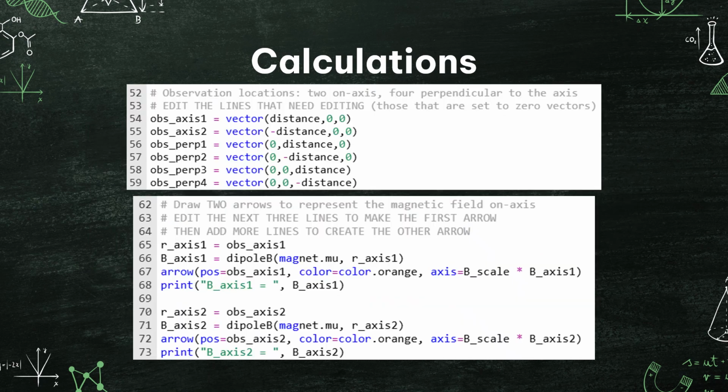So at the top, I'm creating the various different observation locations that we measured the magnetic fields at. And then here at the bottom, I'm creating a couple arrows which show the magnetic field on axis of the bar magnet, using that function I just showed you last slide.